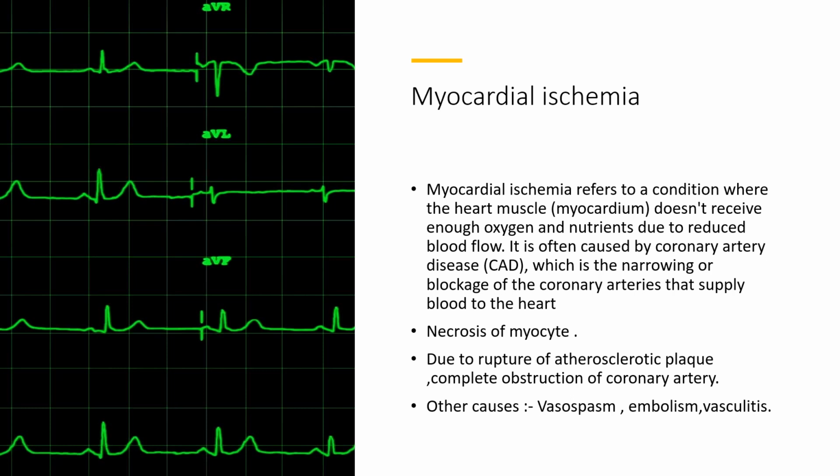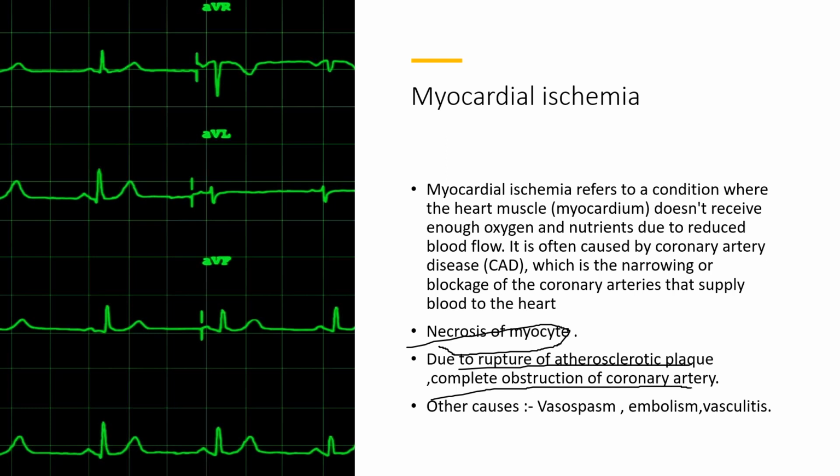What happens in this type is necrosis of the myocyte. Wait, I'll show you. So this is the necrosis of the myocyte, and this is due to rupture of an atherosclerotic plaque with complete obstruction of the coronary artery.